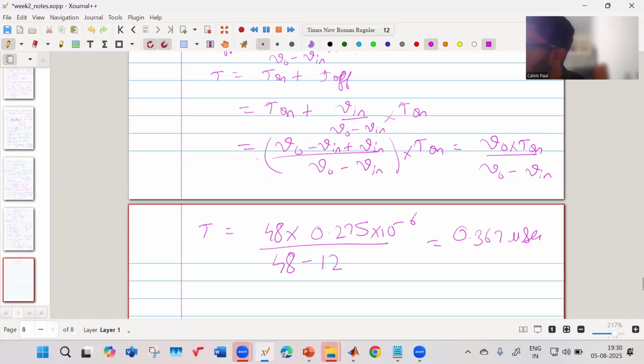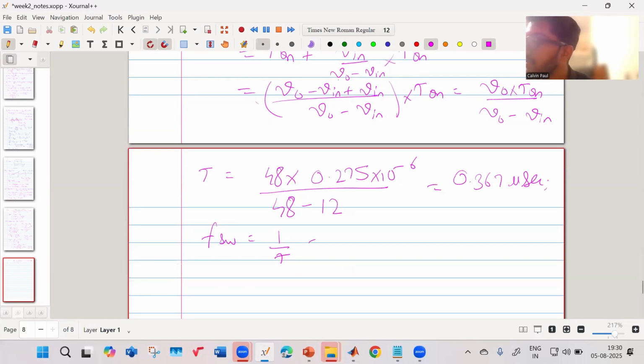So your switching frequency is equal to 1 upon T. That is what?